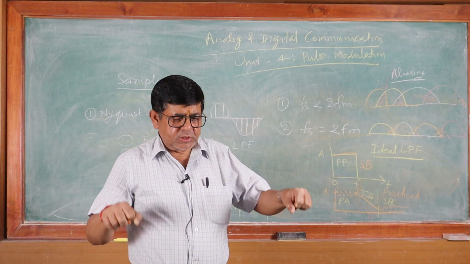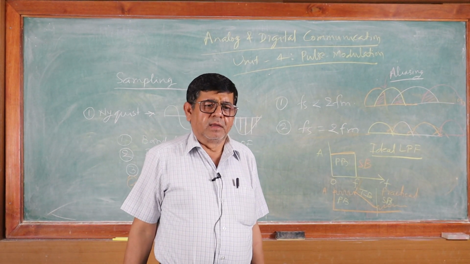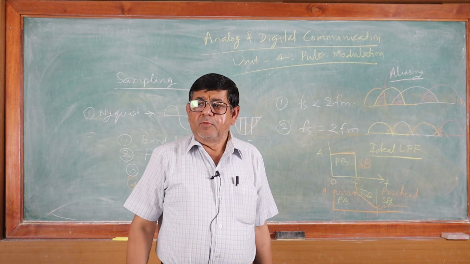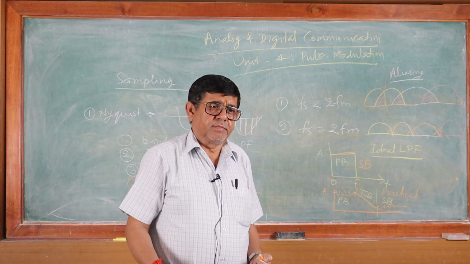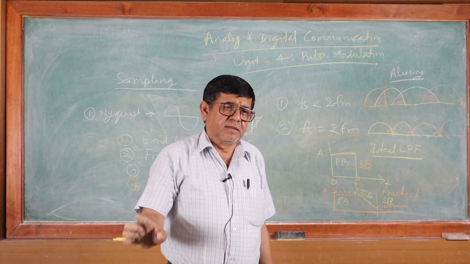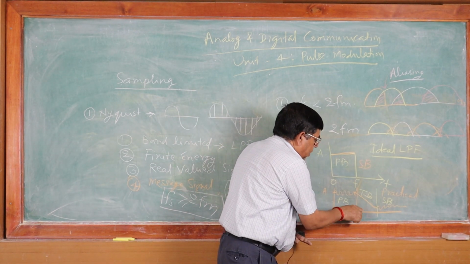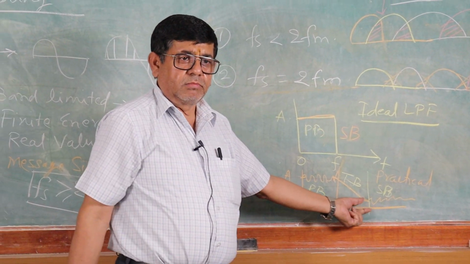Here is an analogy. Suppose you are riding a bicycle or motorcycle. Somebody suddenly comes in front of you and you apply the brake. The motorcycle will not stop suddenly because of its momentum, because of the moment of inertia; it will go somewhat ahead and then stop. Similar is the practical case. The response will not go suddenly down; it will take a certain time to settle down.